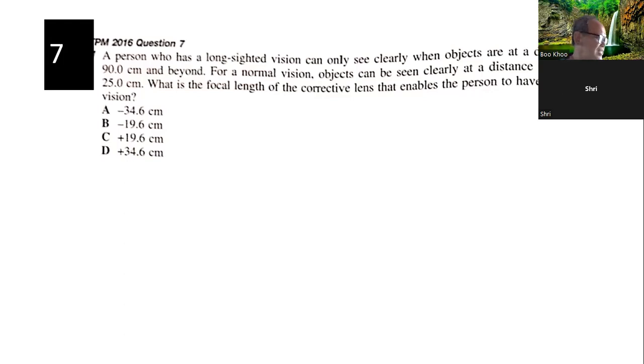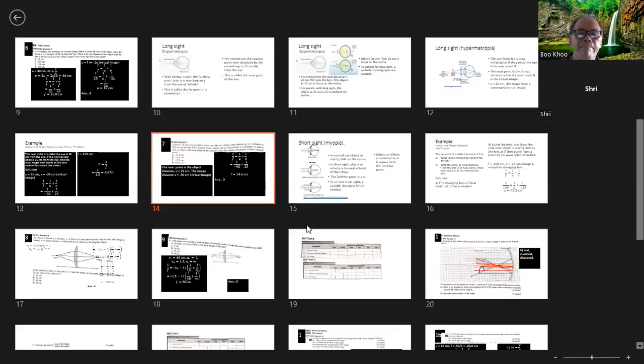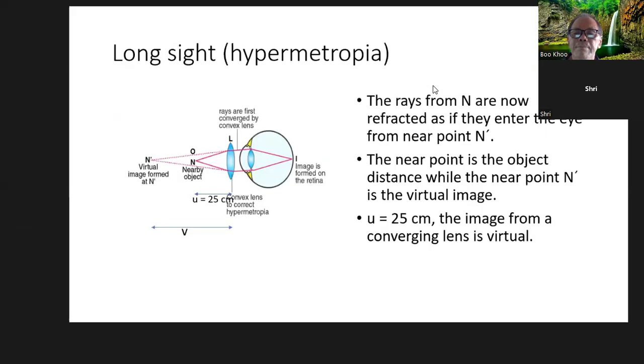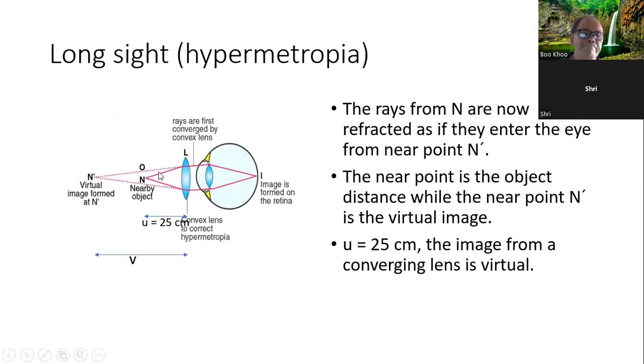You still don't understand what I just taught you. Right? That's your object distance. The near point is your object distance. The actual near point of a normal eye is the object distance.